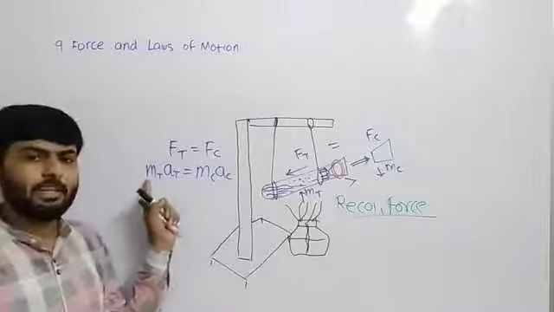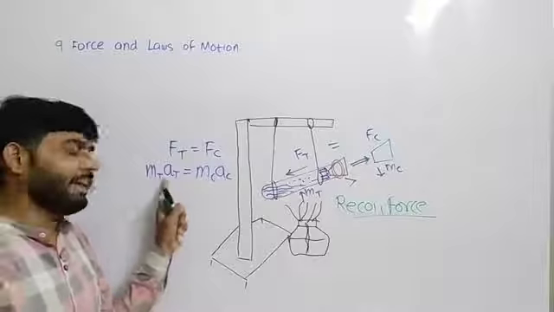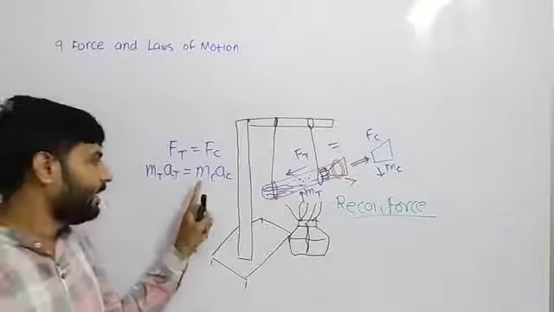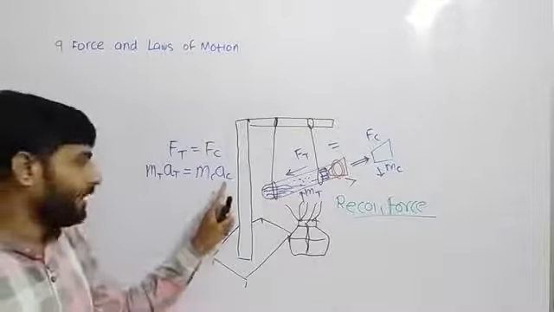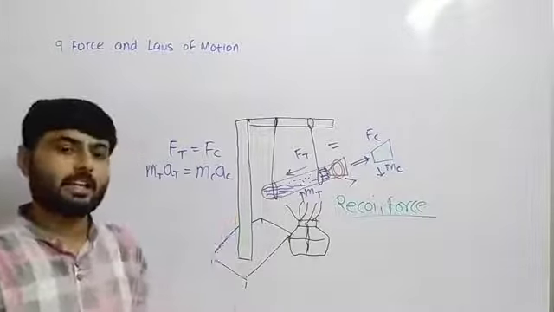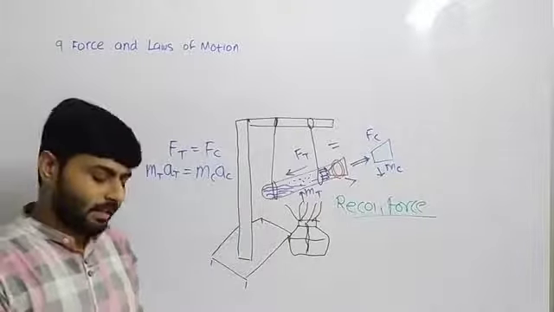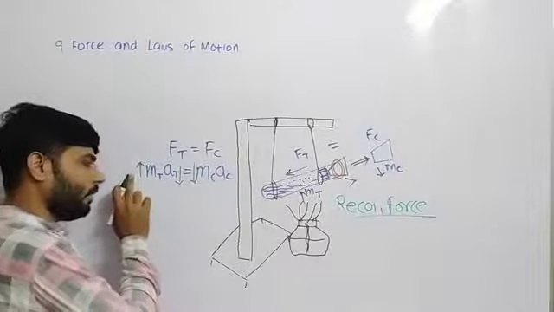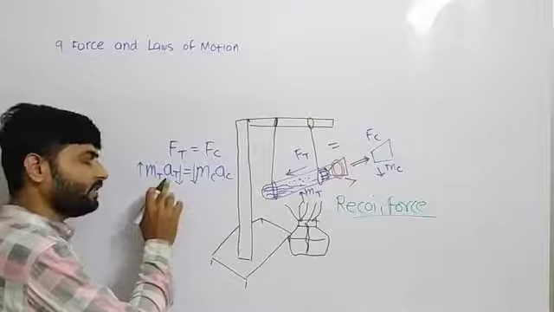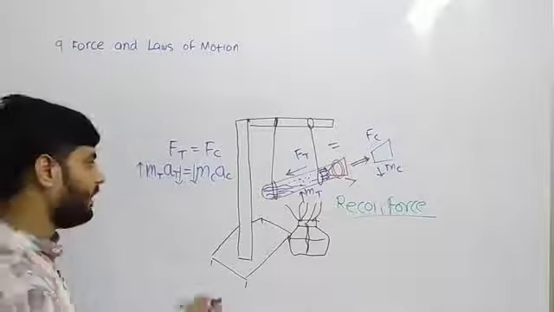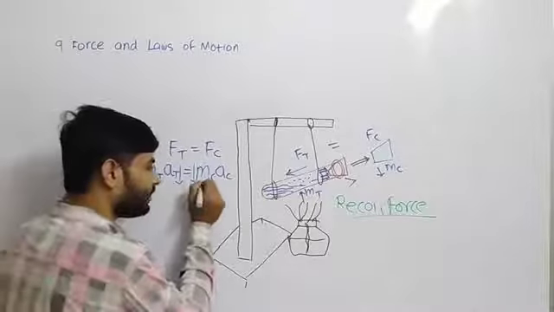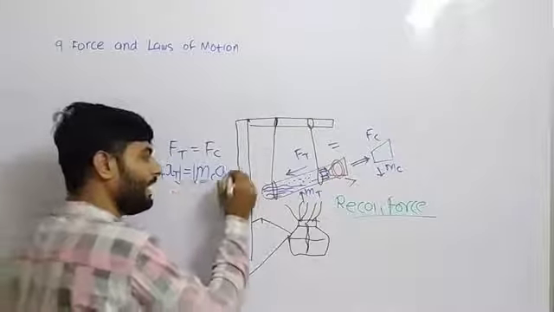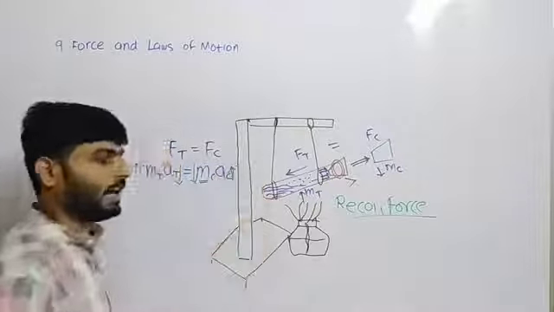What is MT? MT is the mass of the test tube. AT is the acceleration of the test tube. MC is the mass of the cork and AC is the acceleration of the cork. Now we know that if the mass of this test tube is more, the acceleration of this test tube will be low. And if the mass of this cork is low, the acceleration will be large.